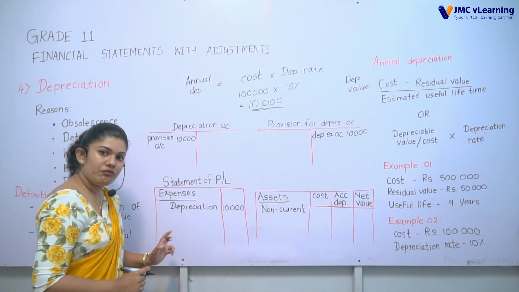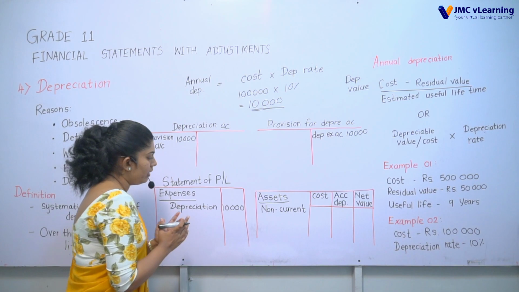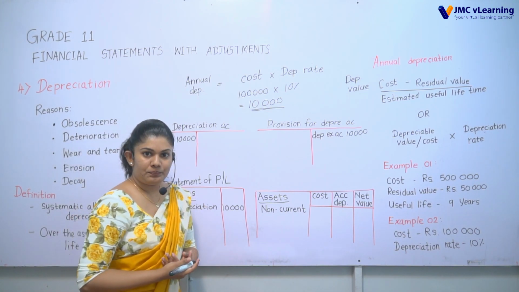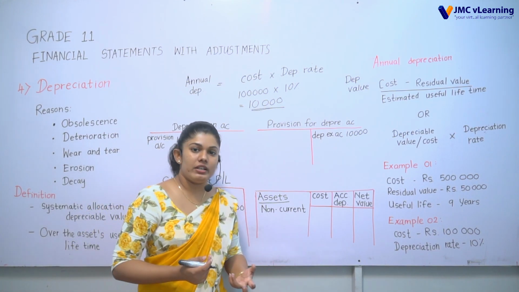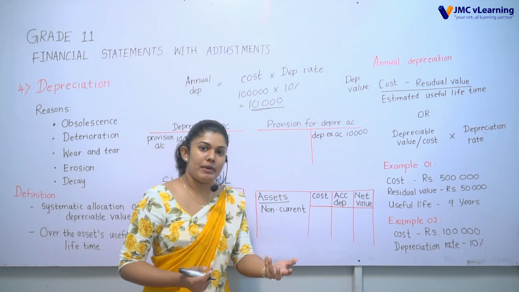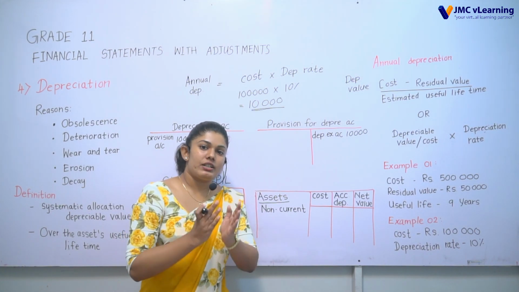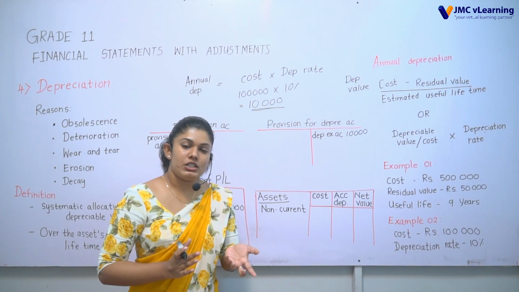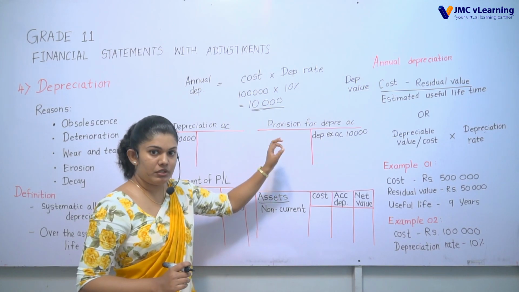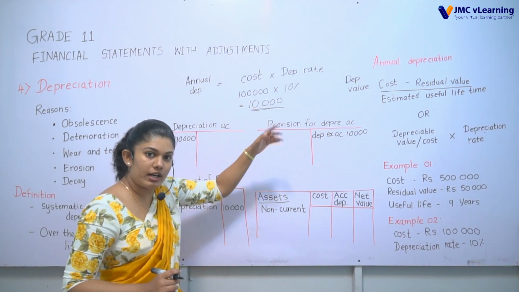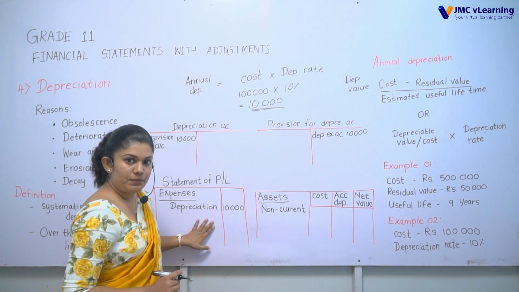But here, when you are recording this under expenses, you have to consider the type of the asset. If the asset is relevant to sales and distribution, like a production machine or a distribution van, like that, if it is relevant to distribution expenses, you will have to enter this particular depreciation amount under distribution expenses.